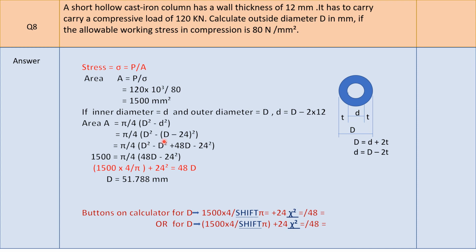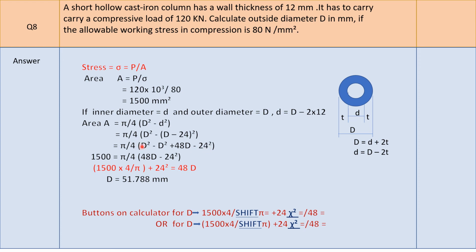Now I am expanding this bracket (D minus 24) square. It will become D square minus 48D plus 24 square. The sign outside is minus, so this becomes minus D square plus 48D minus 24 square.